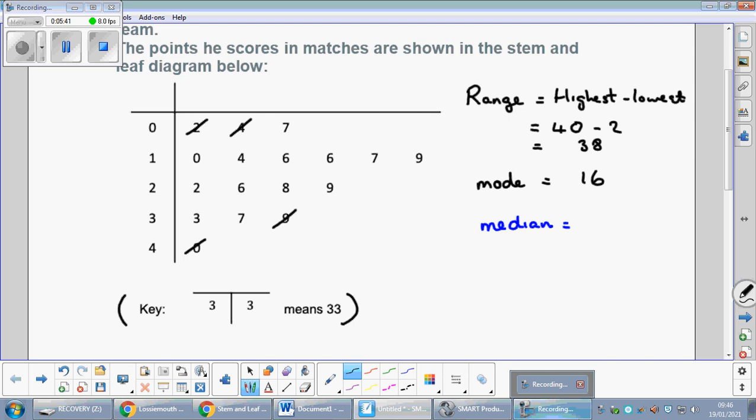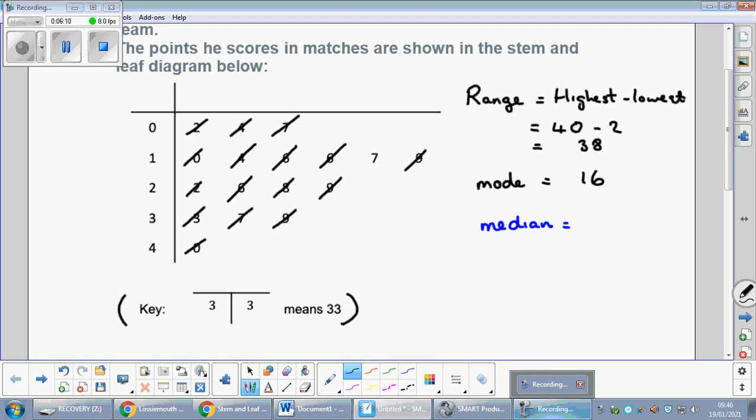Down, up. Down, up. Down, up. Down, up. 1, 2, 3, 4, 5, 6, 7.